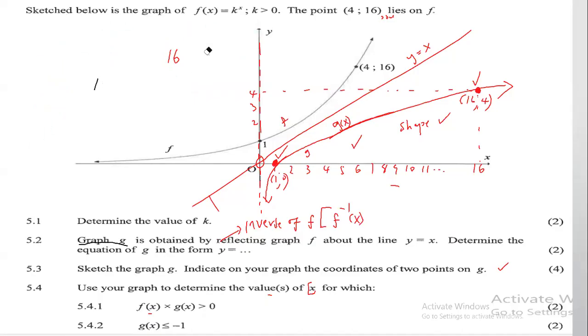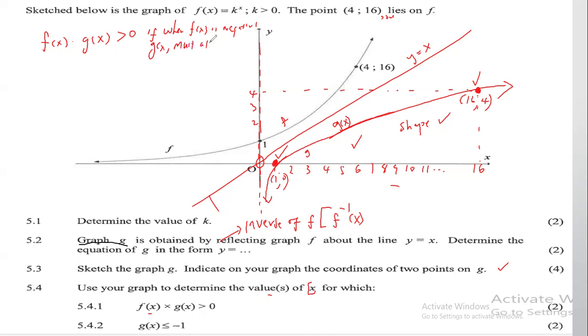So we know that f of x times g of x is greater than 0 when f of x is negative. When f is negative, maybe if we have the negative value of y from f, f times g is greater than 0 if g must also be negative.